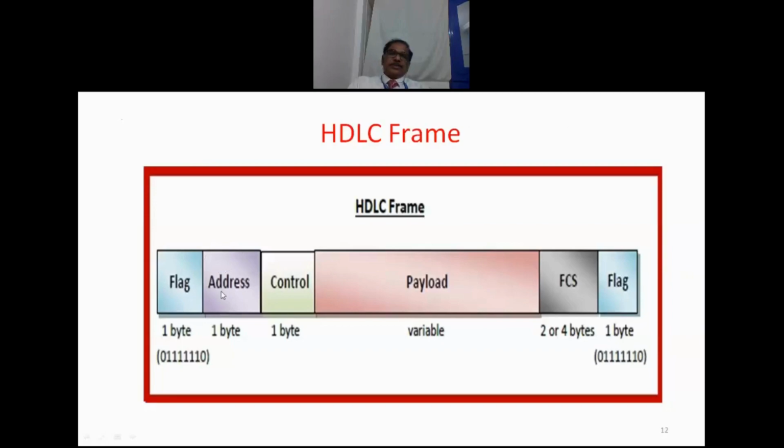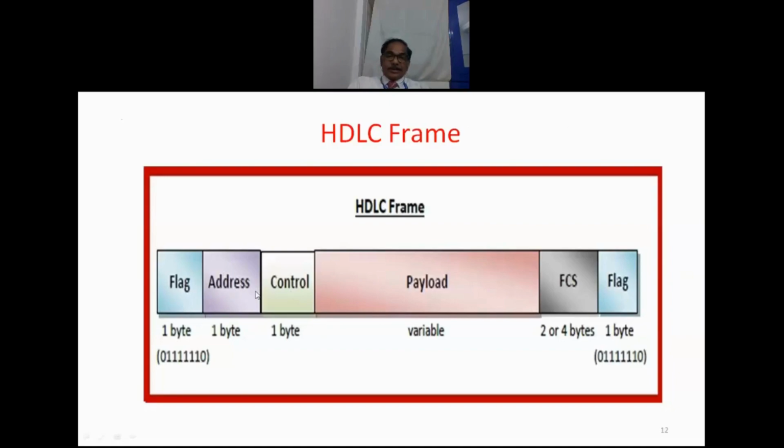It is also 1 byte. Suppose the sender is sending this frame, then this is the address of the receiver. If the sender is sending this frame, the address is the receiver's. If it is an acknowledgement coming from the receiver, then the address is the sender's address.